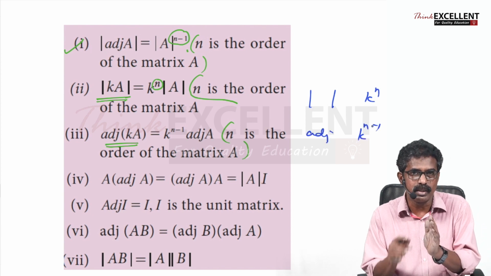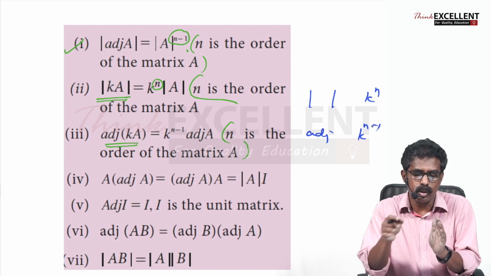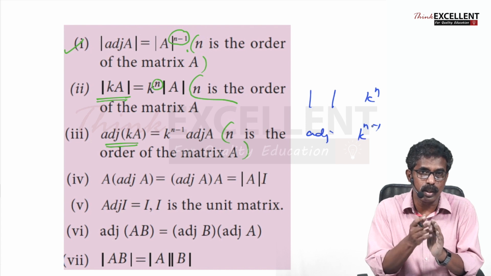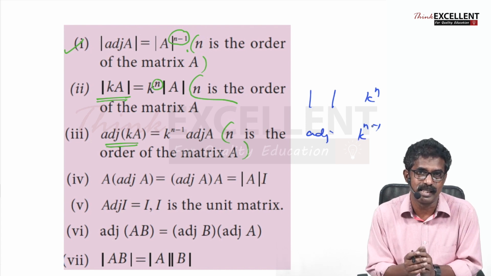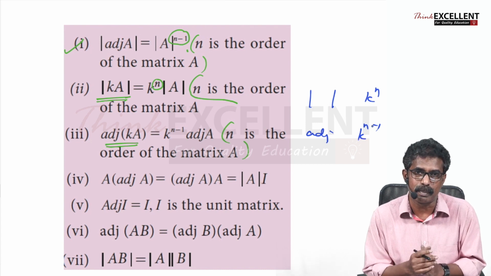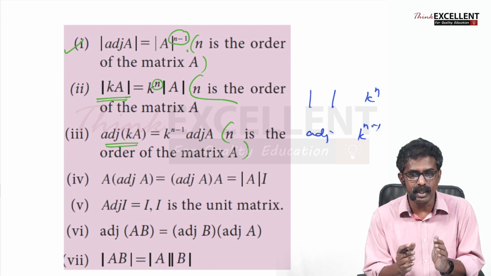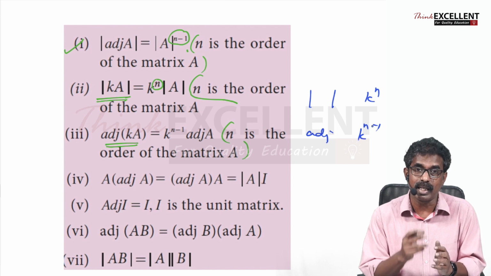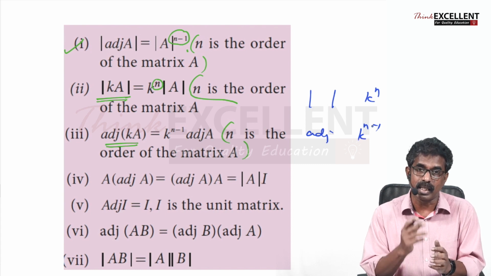Because adjoint means cofactor we take. One row, one column, we leave it. So if it is a 3 by 3, if you leave one row, one column, it becomes 2 by 2, one less. So in adjoint, 1 you have to subtract. When you find determinant A, the constant becomes constant raised to order. Order is n, so k raised to n. If the order is 3, k raised to 3.